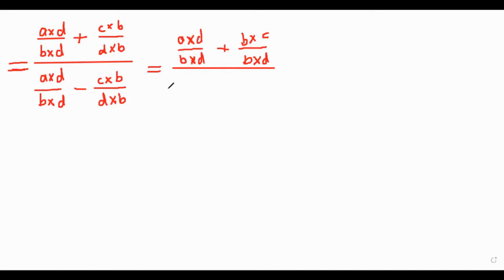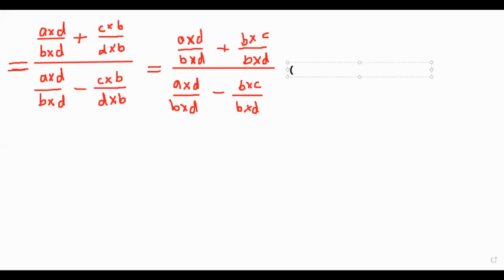The similar pattern is going to be followed for the whole denominator as well. So the previous fraction is already in the proper alphabetical arrangement, so you can write it as A cross D divided by B cross D, minus, next is B cross C divided by B cross D. So what pattern have you followed here?